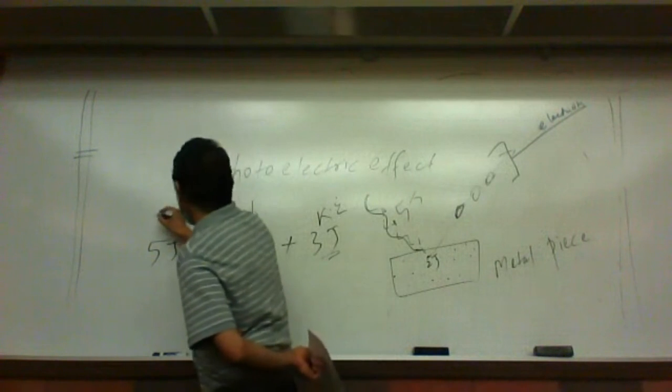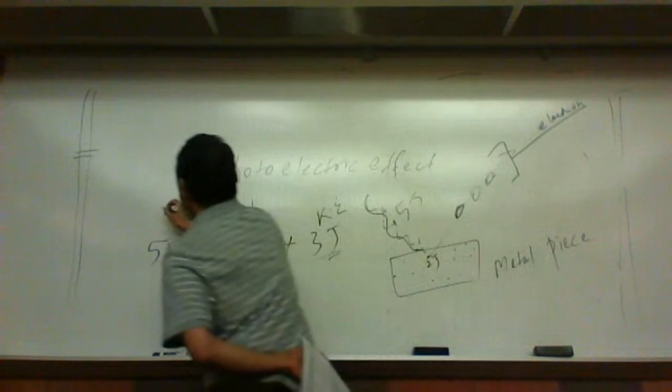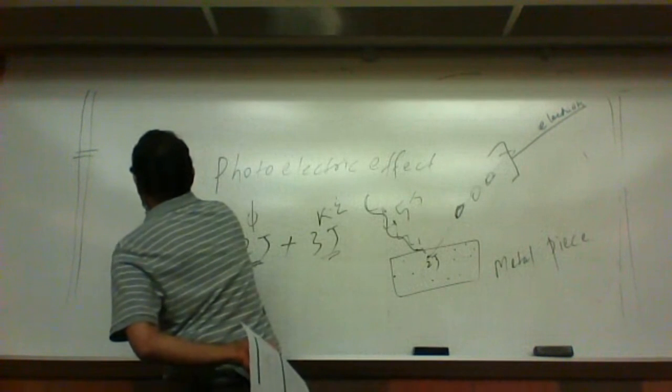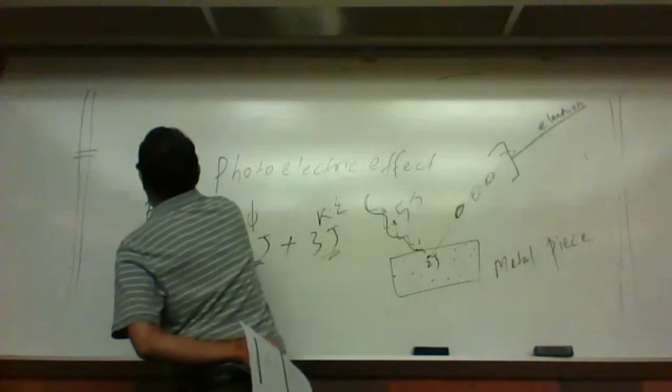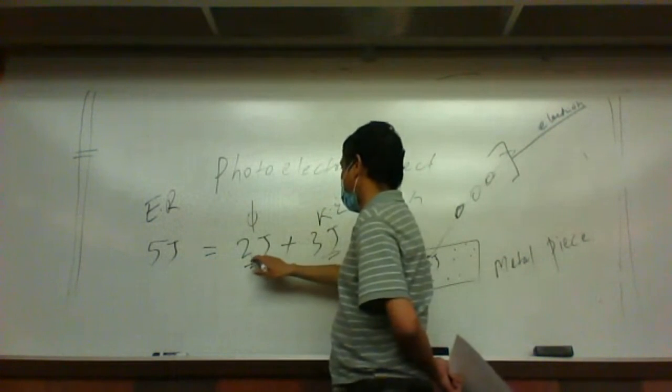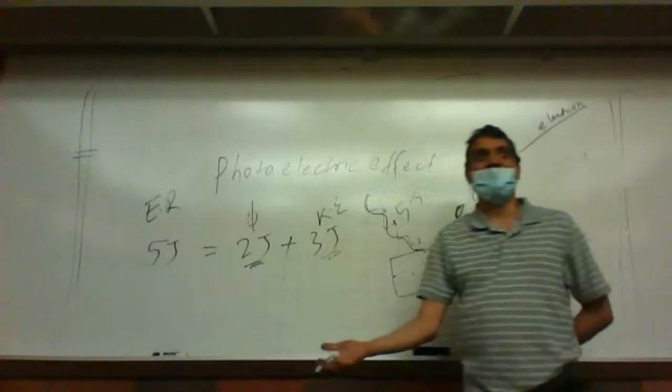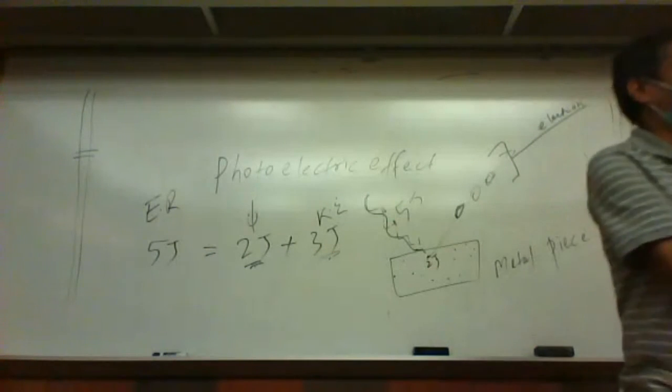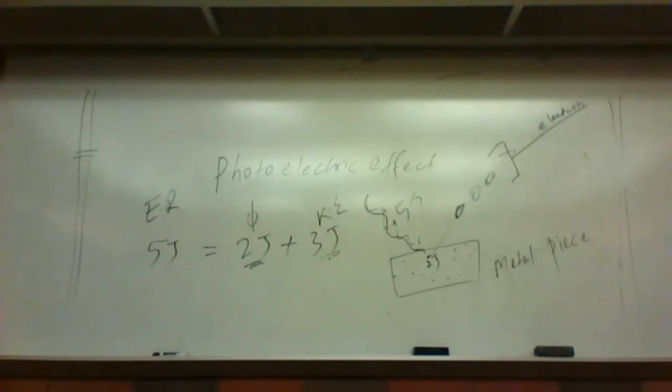And this is the energy of the radiation, coming with 5 joules. So the energy of radiation is divided into 2 parts: the work function and the kinetic energy of the electron, just like the first law of thermodynamics, right? Good? Yeah, something like this.